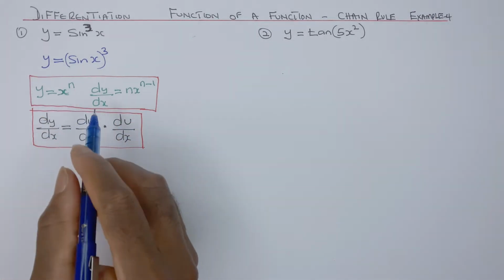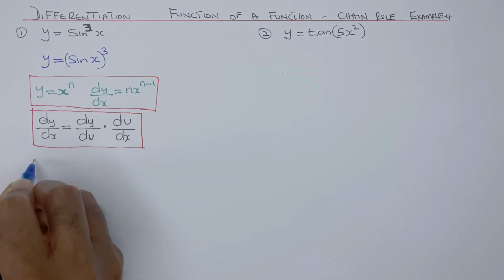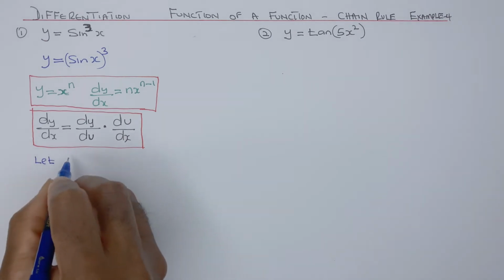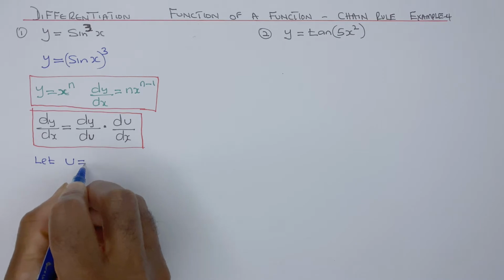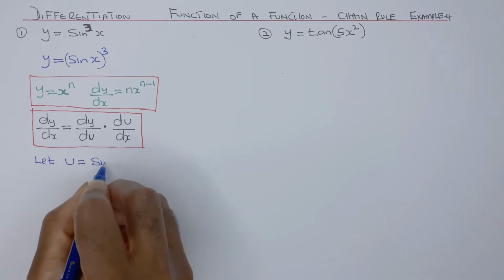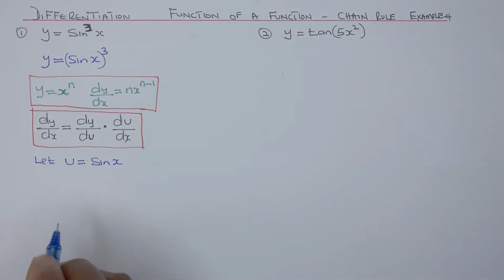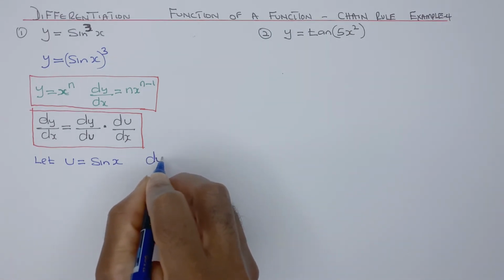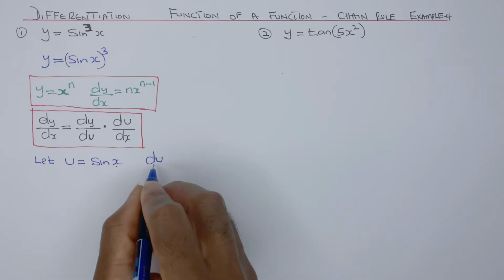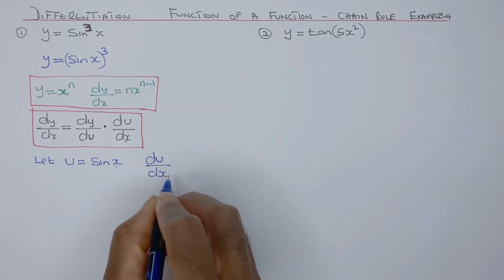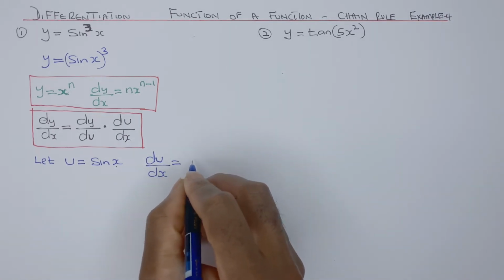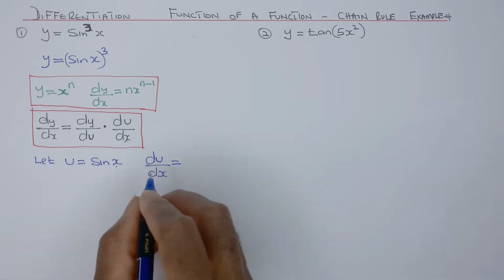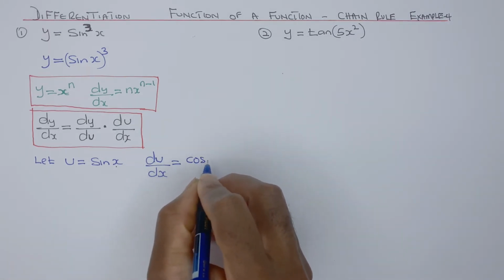Right, referring to the question, we can say let u equals sine of x. Therefore, du/dx equals, if you differentiate sine x, you get cos of x.